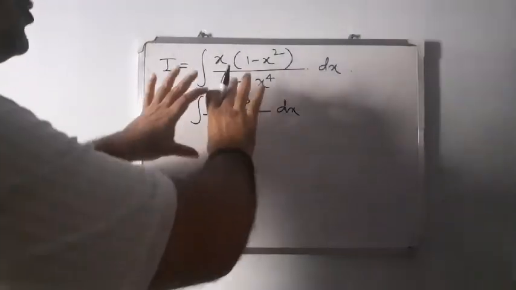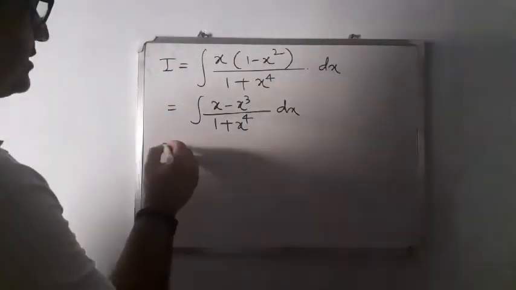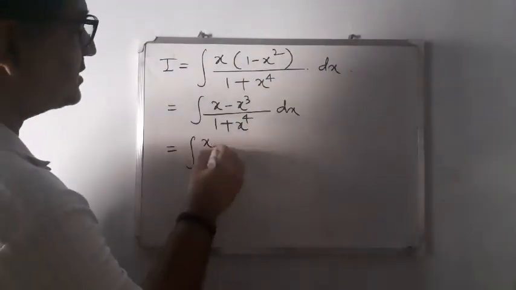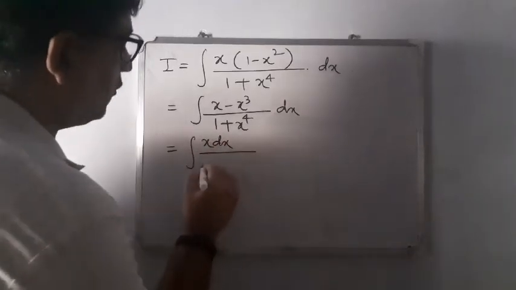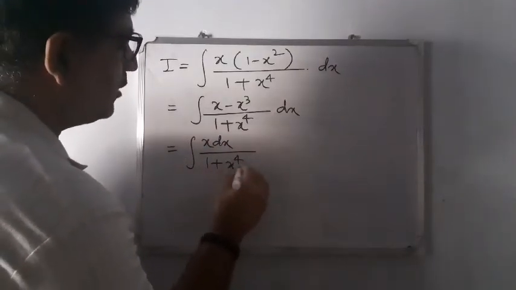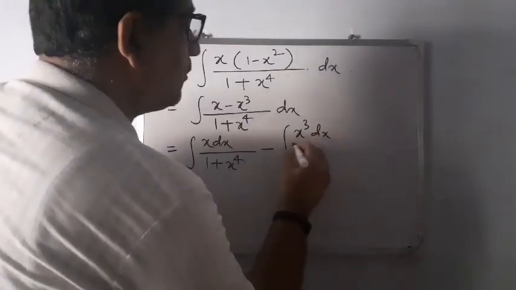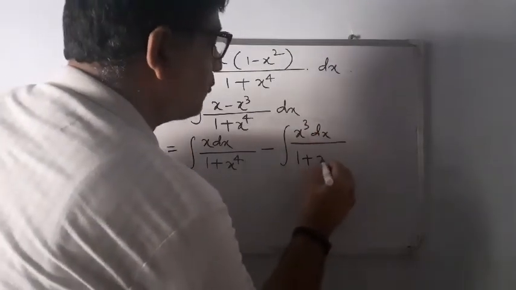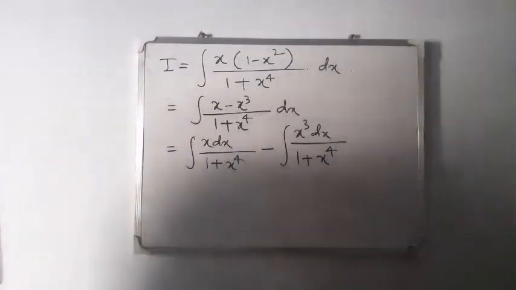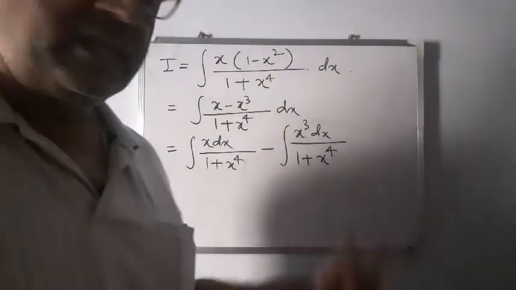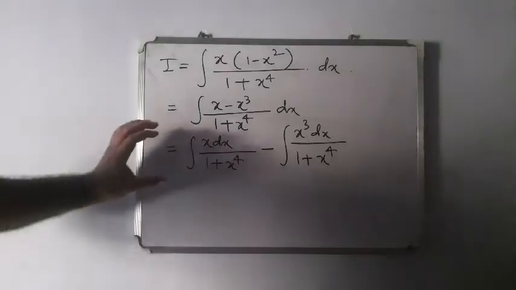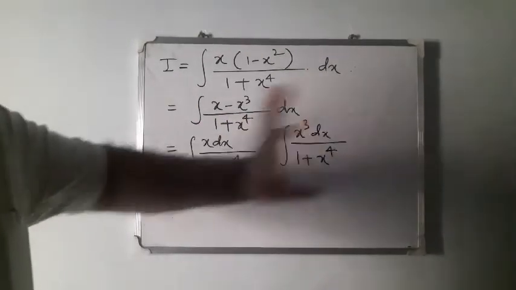Now just try to break it into two integrals. This is equal to integral x dx by 1 plus x power 4 minus integral x cube dx by 1 plus x power 4. So you have two integrals. Now we will try to solve these two integrals separately.